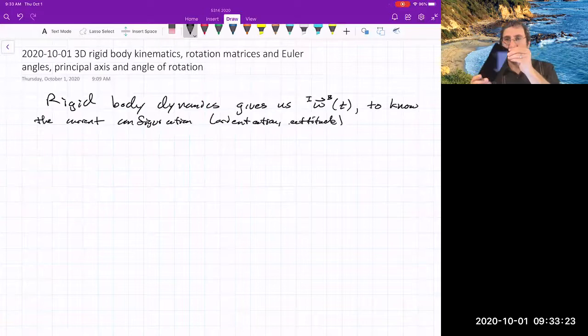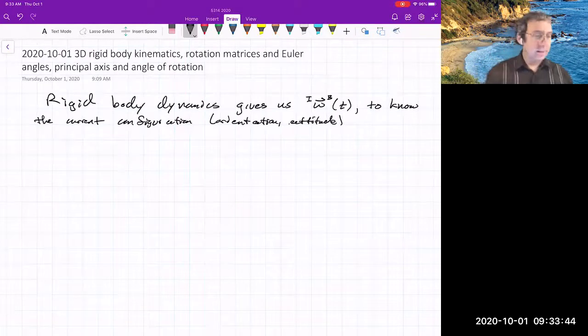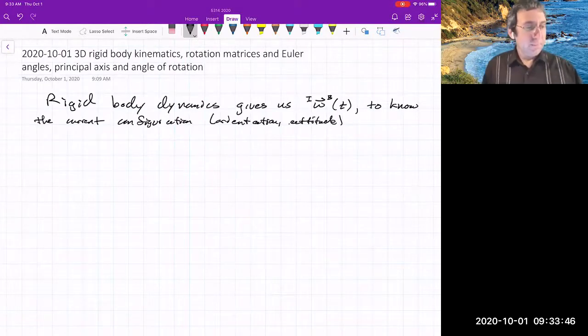But how do I describe the current orientation of my phone compared to some, say, reference frame? So if I have an inertial frame and a body fixed frame, I want to describe how that body fixed frame moves with respect to the inertial frame. So what is the current orientation of the phone?